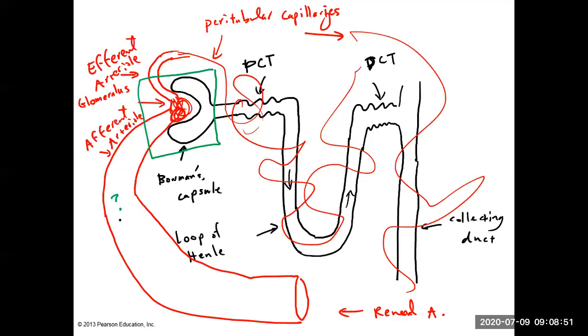You could think about this: we have water in our blood, we have waste in our blood, there are proteins in our blood, we have amino acids in our blood, we have glucose in our blood, we have different ions in our blood, we have bicarbonate, HCO3 minus, in our blood, and what else?